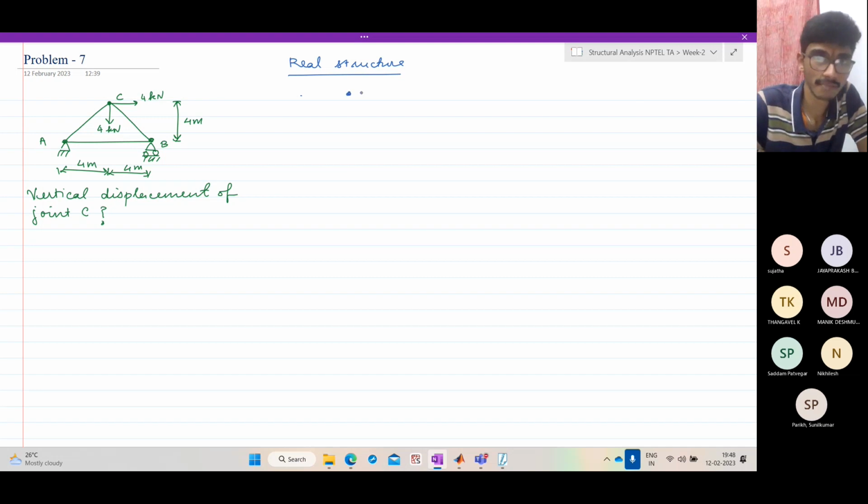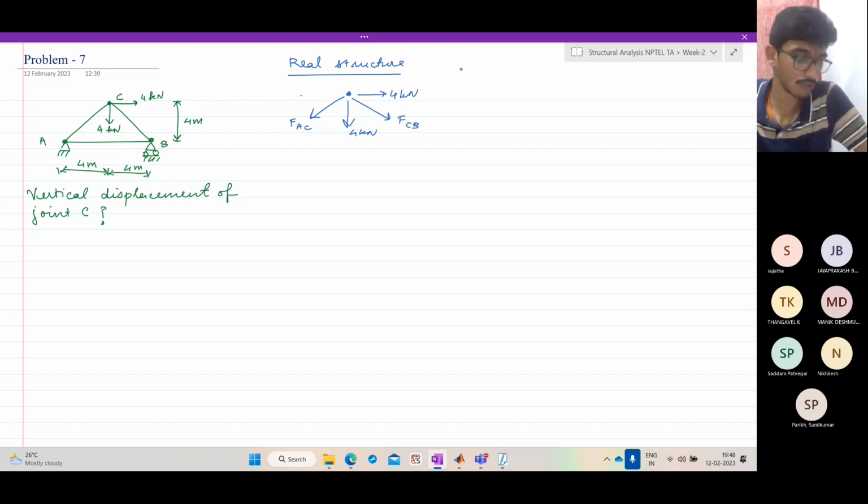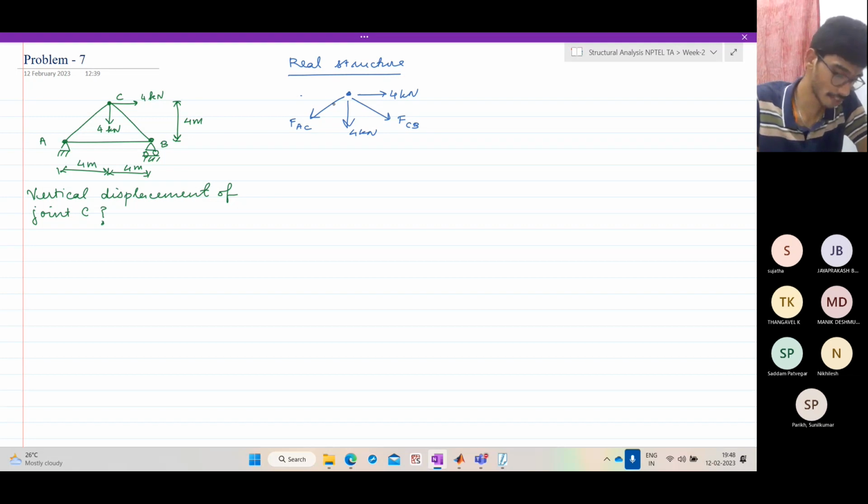So at joint C, we have 4 kilonewtons, FAC, FCB. So what do we have? This angle is 45 degrees because it is 4 by 4. This is 45 degrees. This is 45 degrees. So FCB is orthogonal to FAC, so that helps in a way.